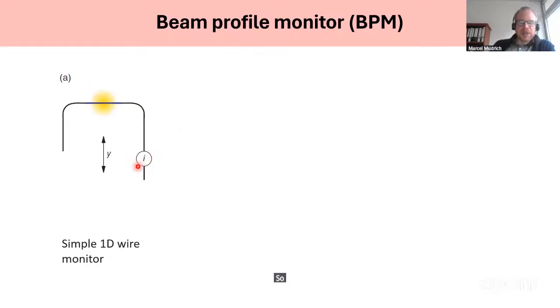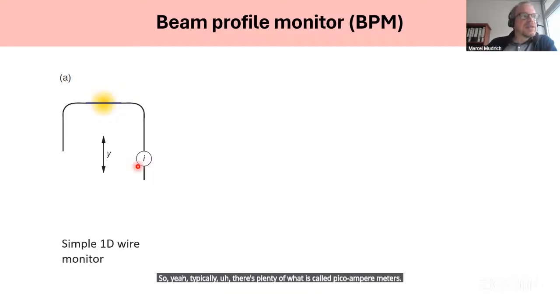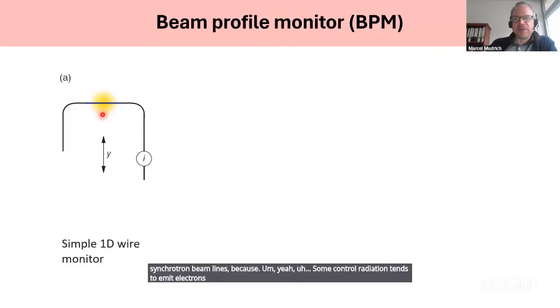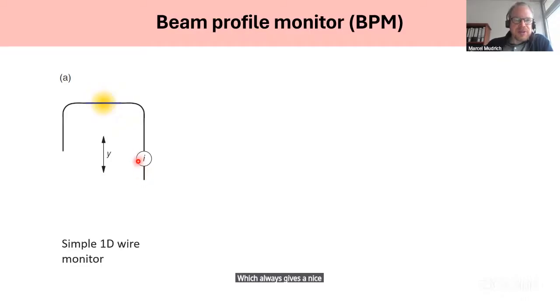So yeah, typically there's plenty of what are called picoampere meters, devices that can measure very weak currents, all around these synchrotron beam lines, because synchrotron radiation tends to emit electrons from all sorts of wires or surfaces, which always gives a nice way to measure the intensity, or in this case, the beam profile when we move this wire across the beam. Of course, this gives only a one-dimensional cut through the beam.